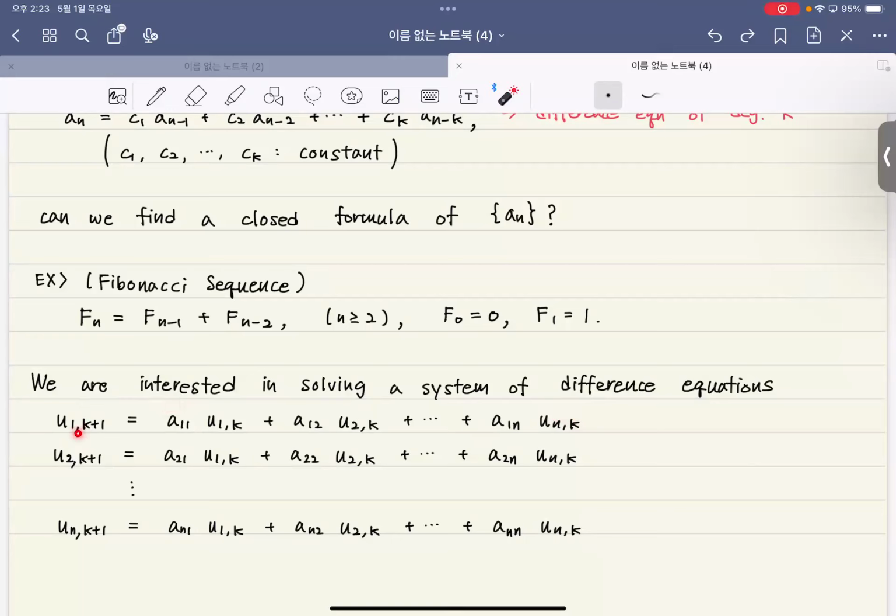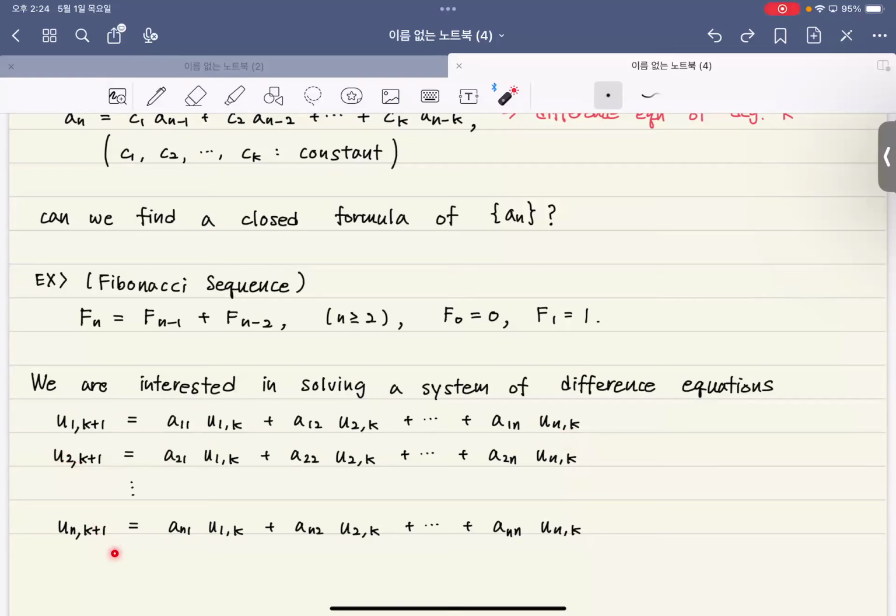So what is this? I have n sequences, u1 to un, and the k plus 1 term of the un depends on the k-th term of u1, the k-th term of u2, up to the k-th term of un. And the same is true for the others.